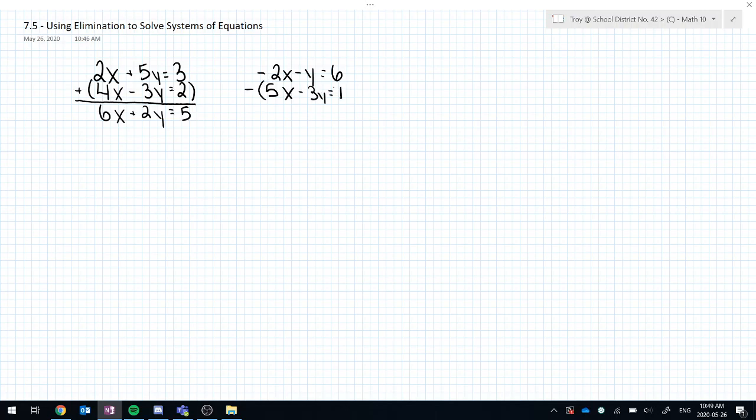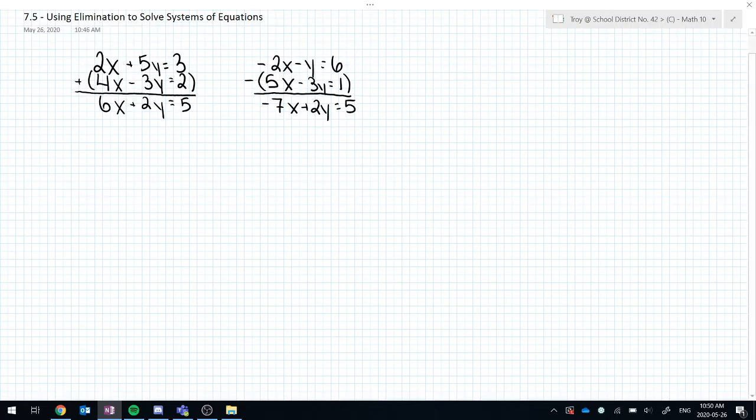I could subtract this whole equation. And if I do that, I'd have negative 2x minus 5x, which gives me negative 7x. Negative y minus 3y would give me positive 2y, and then 6 minus 1 would be 5. Right? So pretty straightforward, I hope.